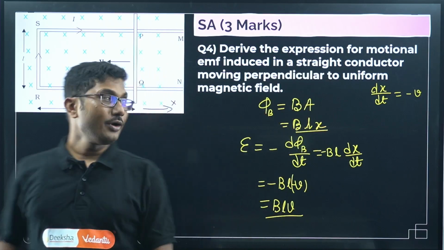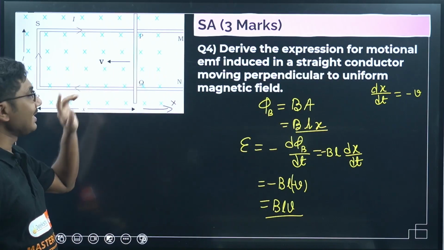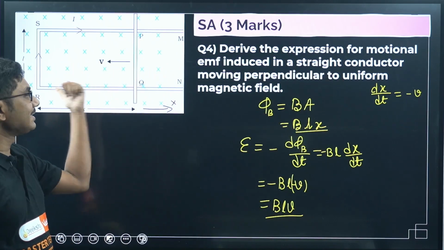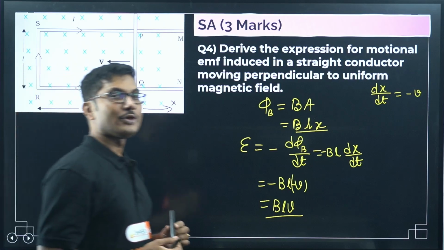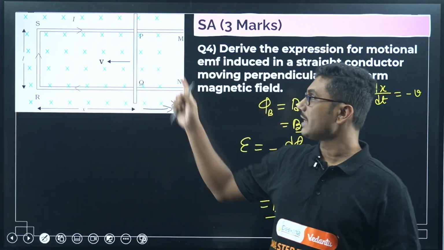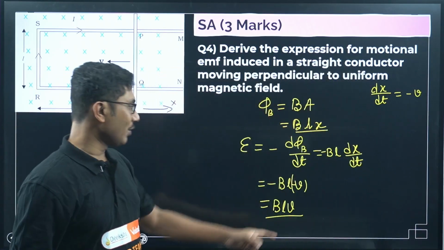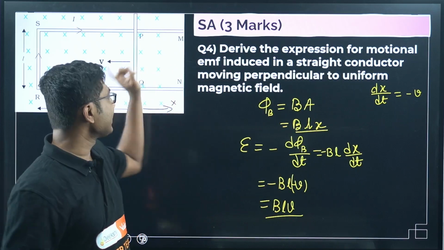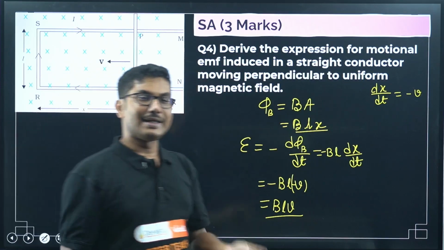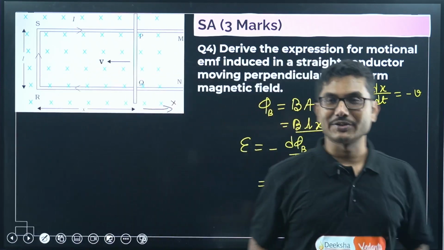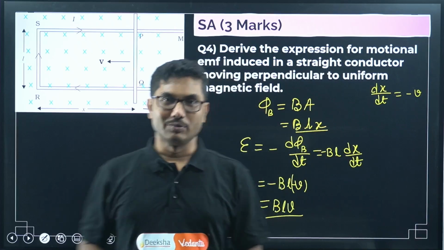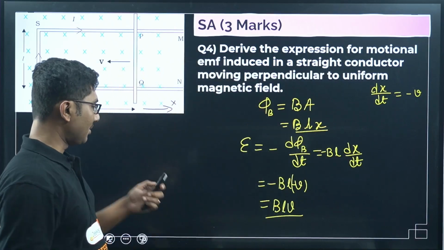Here the magnetic field is into the paper and velocity is in this direction, so they are mutually perpendicular, and there is no angle coming over here. But if the same problem asks that the magnetic field and the motion are in the same direction, then it will be 0. Be careful about that.